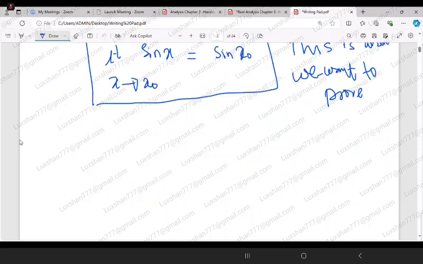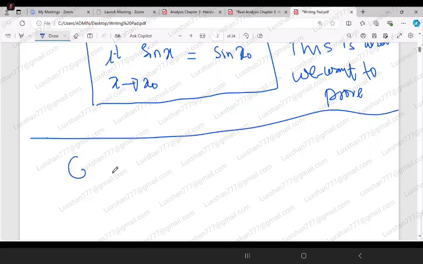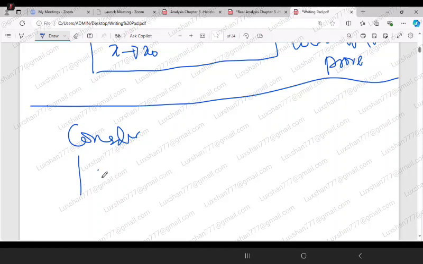Now for this, we are going to consider the mod of sin x minus sin x naught. I'm going to use the formula for sin a minus sin b.